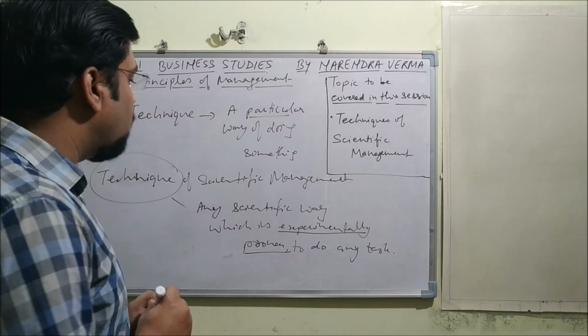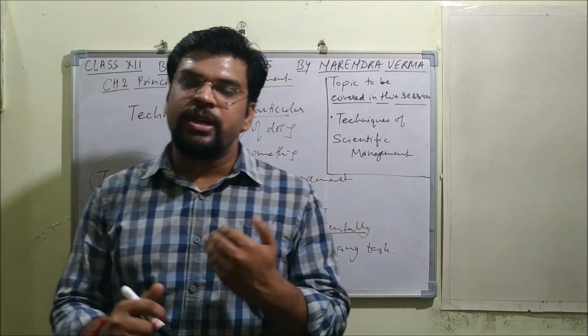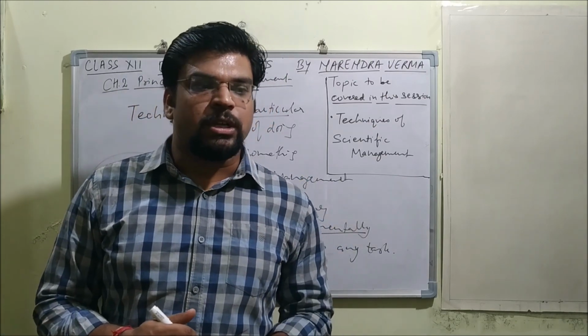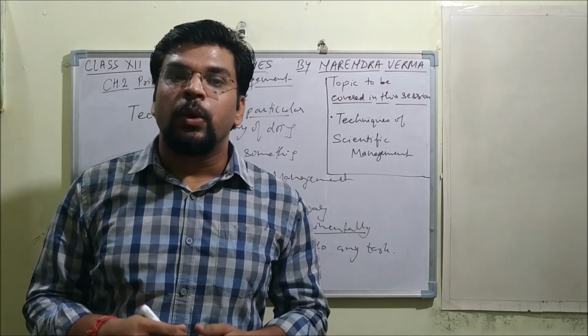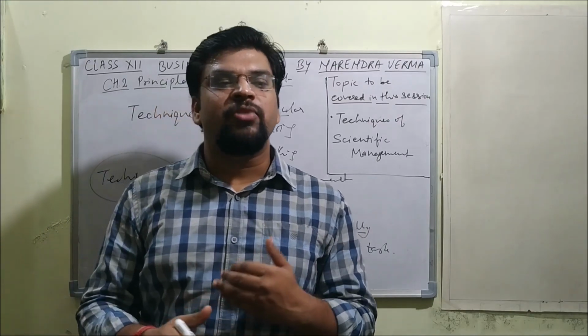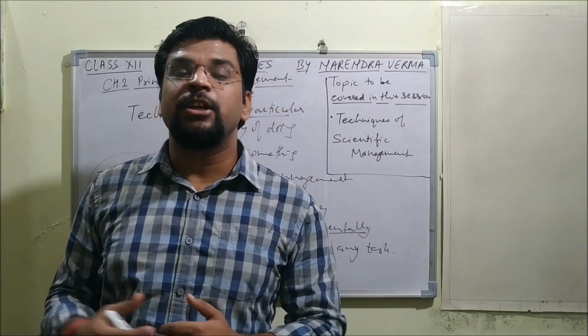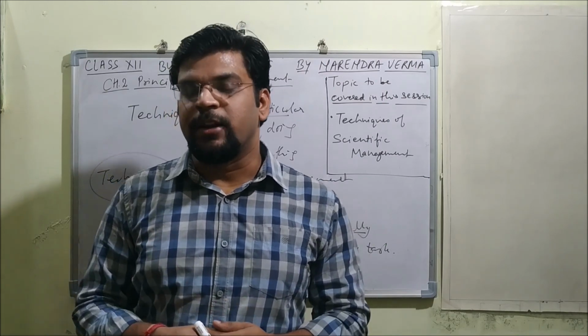Now let's talk about F.W. Taylor. I have already explained in the initial videos about F.W. Taylor, what he was and how he reached the highest level. During his career he stressed the application of science in management. That's why he could give the concept of scientific management.